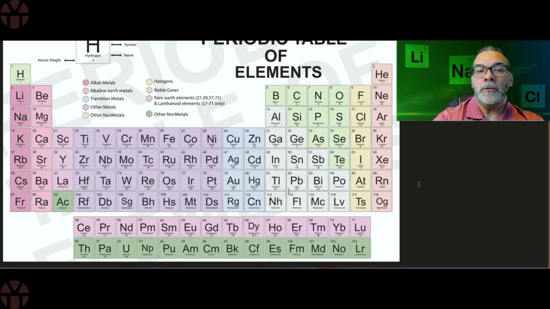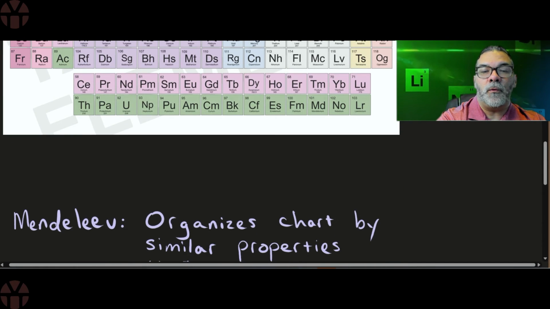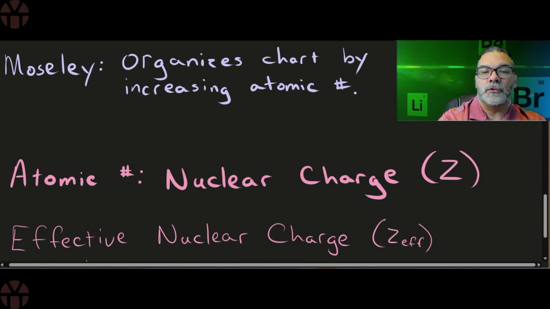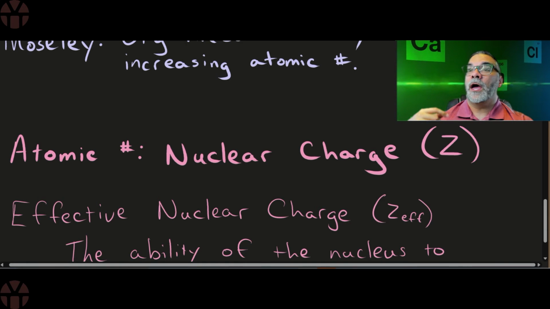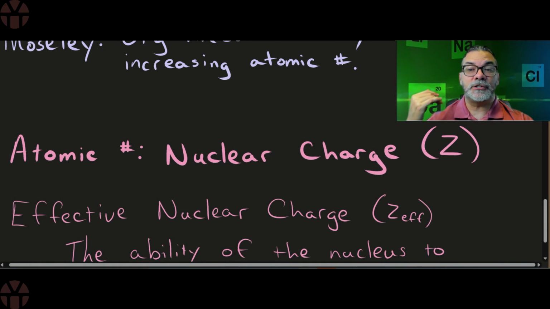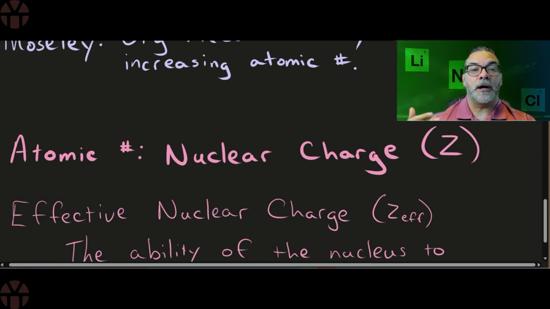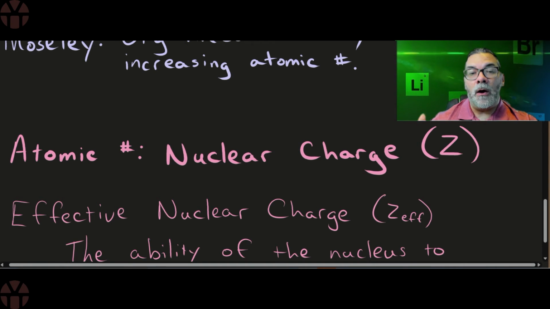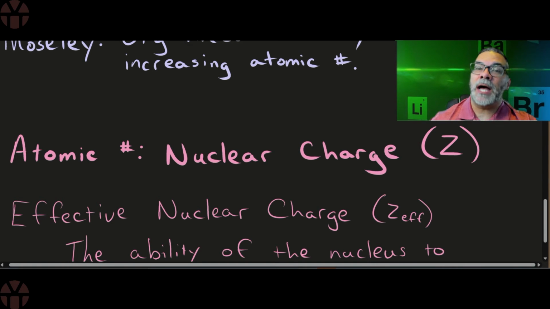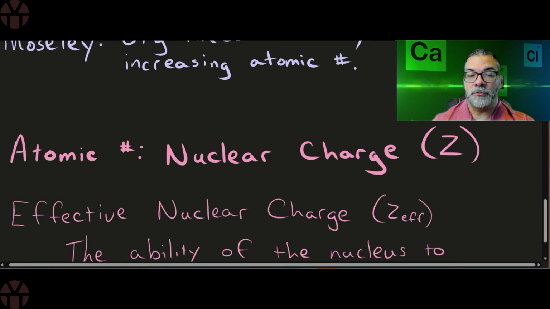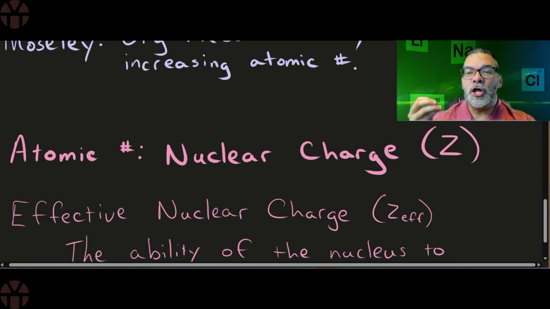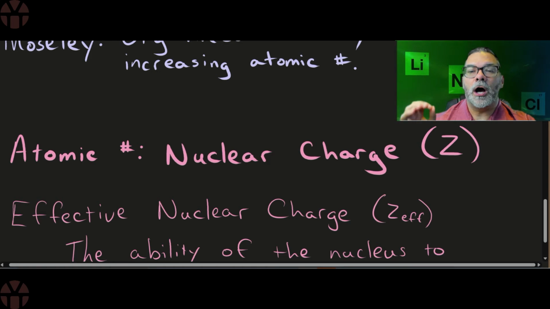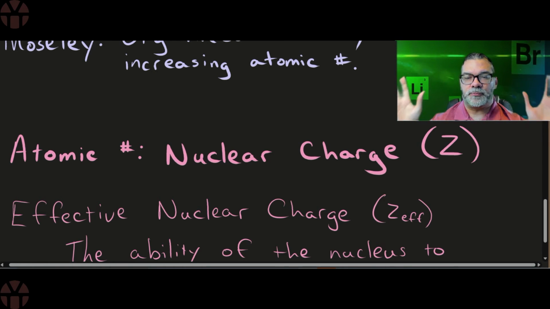So what Moseley is saying is that if we're going to be very concerned with protons, because that determines our chemical characteristic, what we now understand is that the atomic number, or the number of protons, is really the nuclear charge of an atom. Now let's break this down.